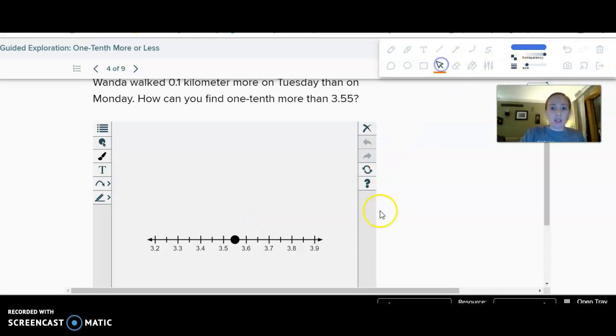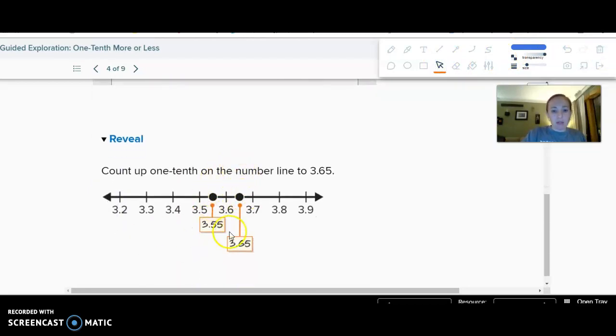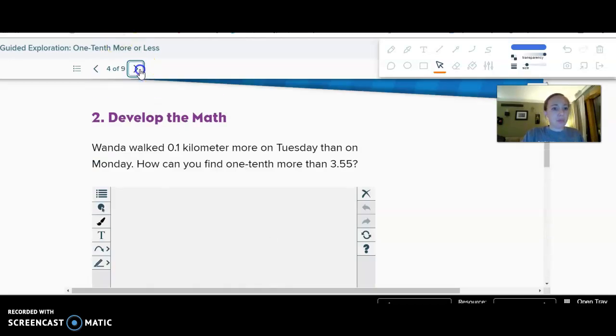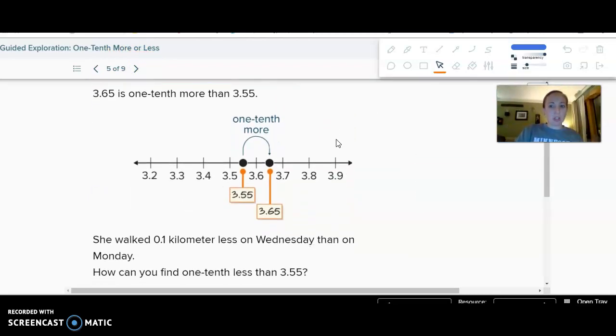You can also see it down here. They visualized it. Again, it's jumping up that far to 3 65/100. So again, 3 65/100 is 1/10 more than 3 55/100.